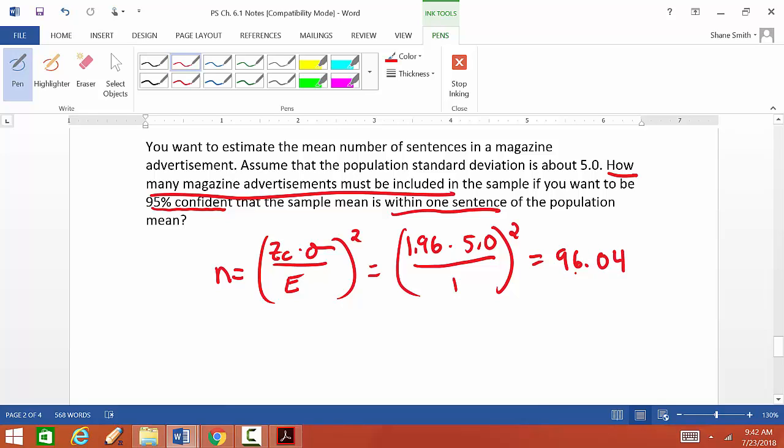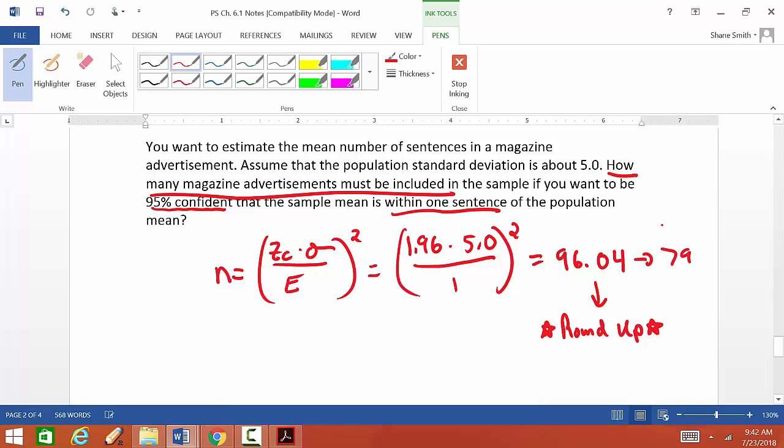But if you're thinking about this, you may realize, well, can you sample 96.04 magazine advertisements? And the answer is no, right? You either sample it or you don't. So you always round up for sample size.